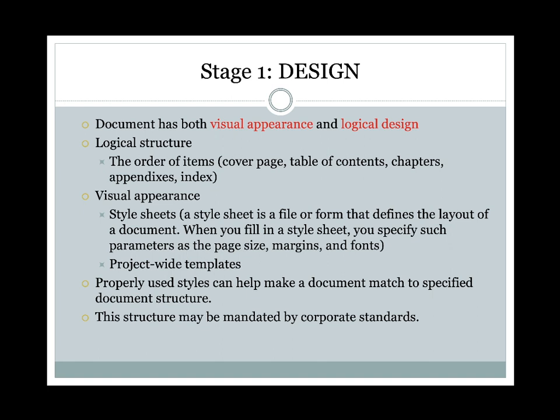It's about the logical structure and the order of the items: whether you need a cover page, table of contents, how many chapters to include, and whether there are appendices and an index. For visual appearance, it consists of the style sheets that you want to use in your document, where you specify parameters like page size, margins, fonts, and color, and proper use of style can help the document match the specified document structure.